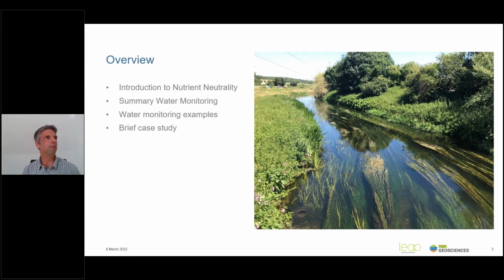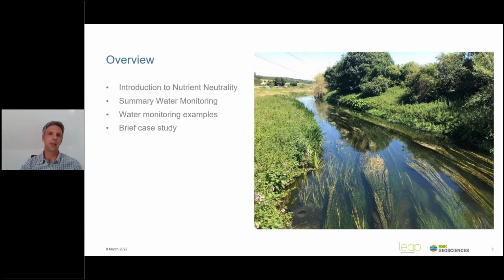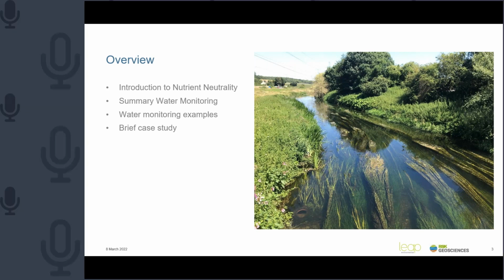Good afternoon, everyone. The presentation will cover nutrient neutrality, looking at large-scale developments and water quality studies that we've undertaken to support some of the assessment work and environmental permit applications within them.